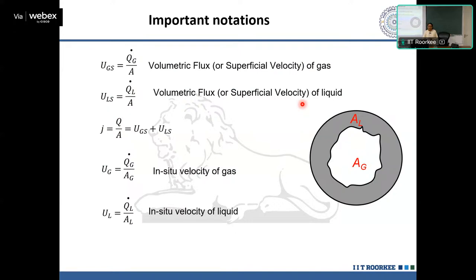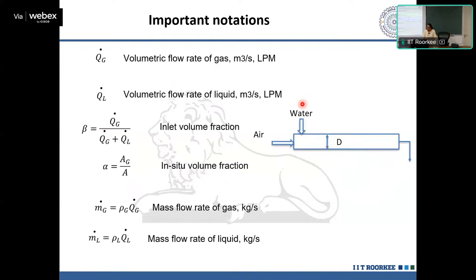Now we can draw the flow pattern map from the last tutorial example. There is another basic piece of information: this quantity beta is the inlet volume fraction. The inlet volume fraction is how much of one phase is being injected into the test section.